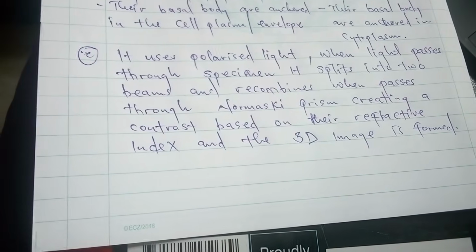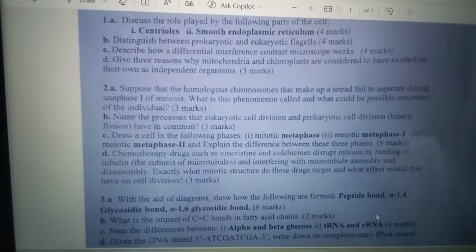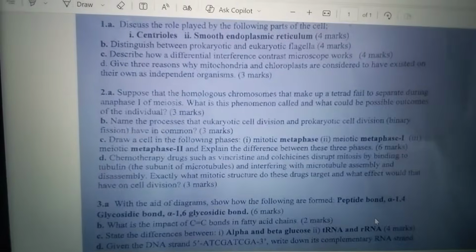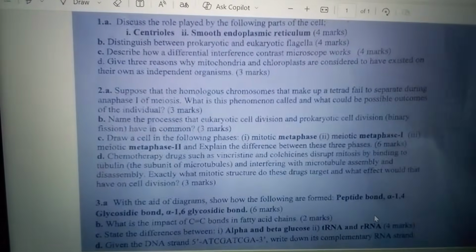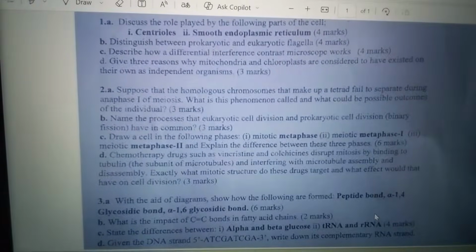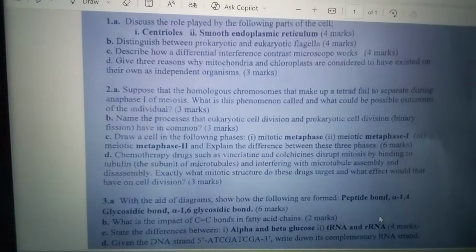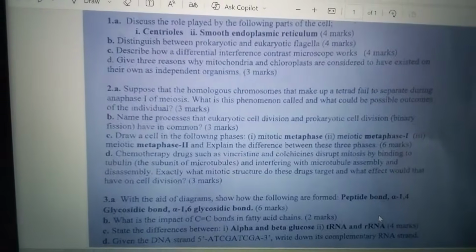We proceed. They are saying give 3 reasons why mitochondria and chloroplasts are considered to have existed on their own as independent.